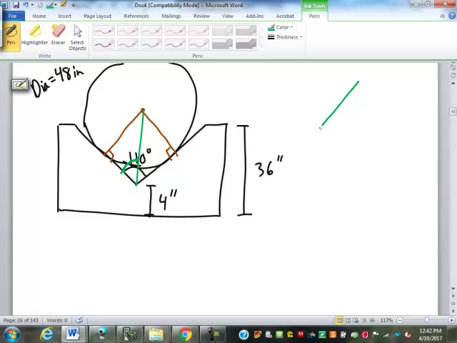So I'm going to redraw that triangle over here. This is 55 degrees. Are there any other pieces I know about this? I know the right angle. So I have 2 angles. In essence, I have all 3 angles. What side do I know?